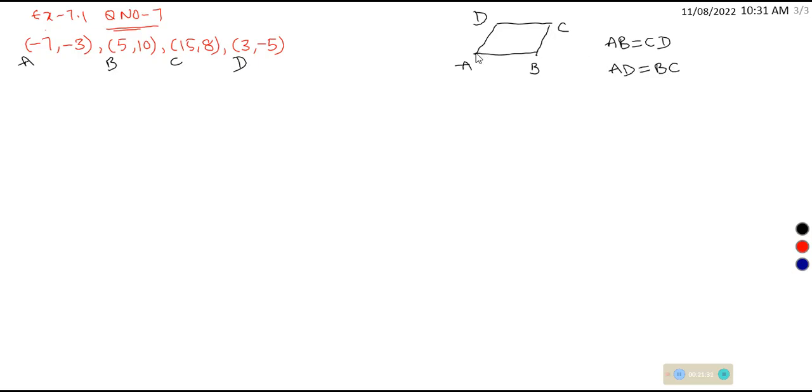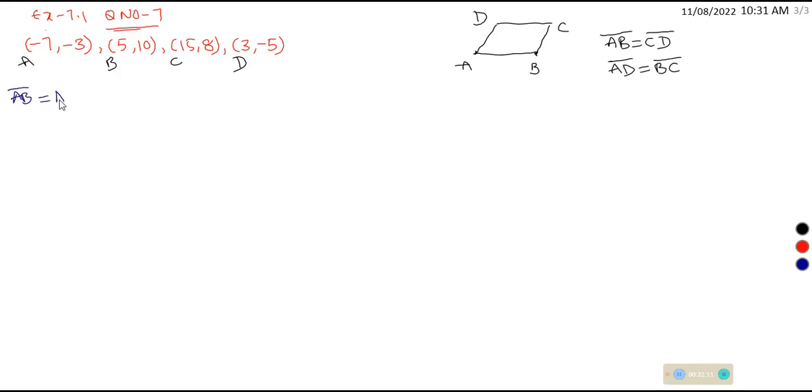AB means the distance of segment AB, and segment CD should be equal, and segment AD should be equal to segment BC. You know how to find the distance between 2 points. We have solved 2-3 problems already; that collinear concept also we did based on distance between 2 points. Let us see whether these 4 points are the vertices of a parallelogram or not. So let us see. First we will find the AB distance.